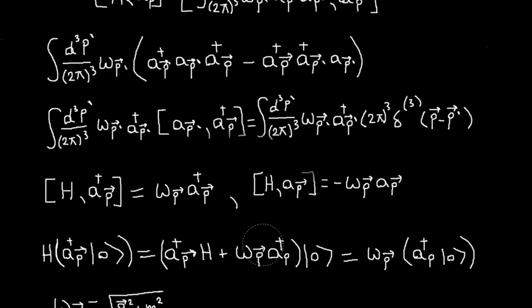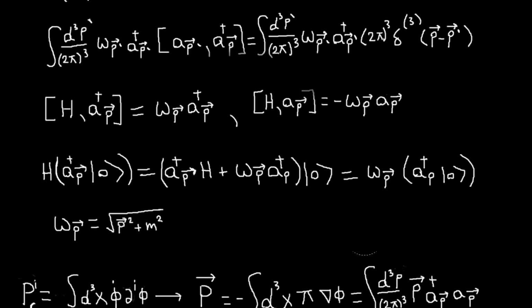H acting on the ground state is 0, so we've defined the Hamiltonian to do that, and we'll just be left with omega P times our excited state. In other words, our excited state has an energy omega P.